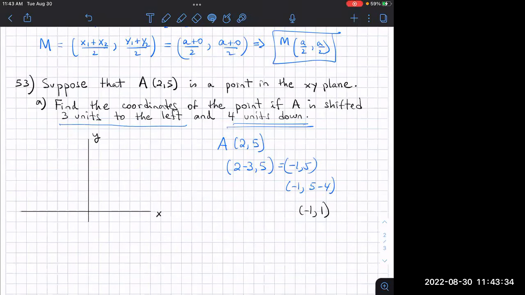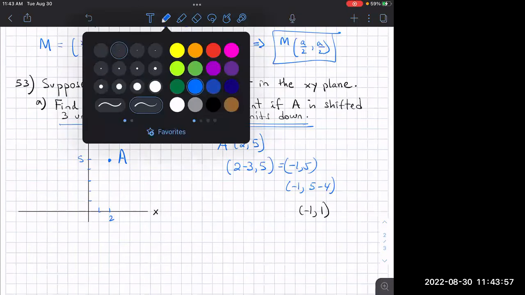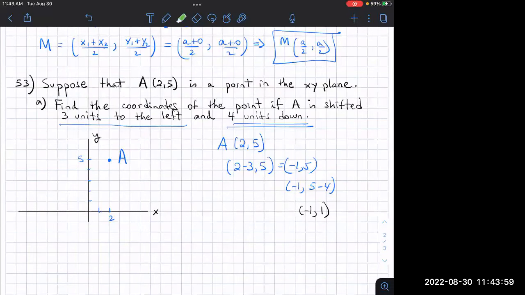Okay. So now let's visualize it. We start with (2, 5). One, 2, 3, 4, 5. So this is point A. So we move 3 units to the left. So I go 1, 2, 3 units to the left.